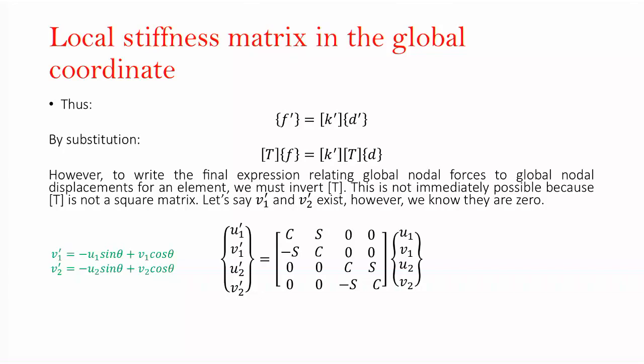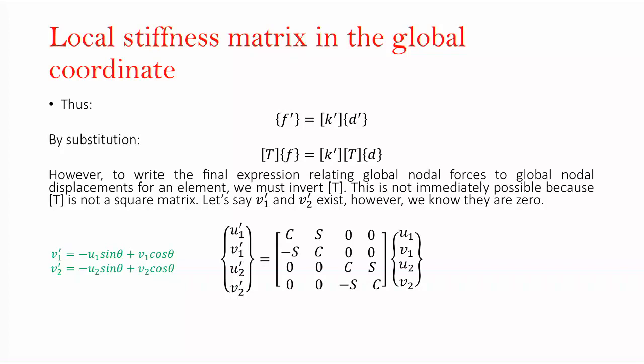Now what we want to find out is, if we bring the transformation matrix from the left-hand side of the equation to the right-hand side, and write it as a simple formula f equals kd, what would be the k matrix in global coordinates in terms of the k prime and transformation matrix?